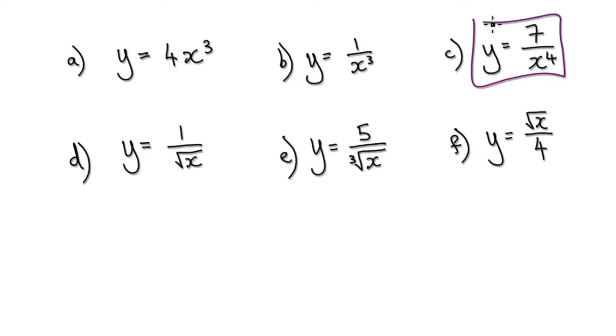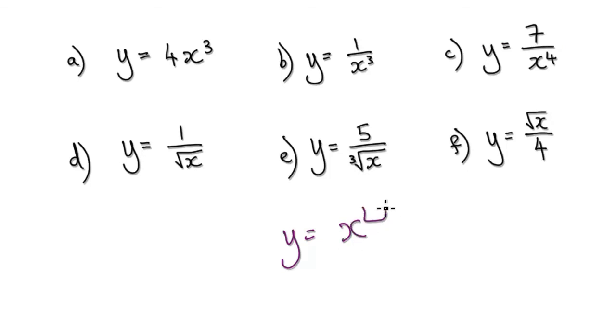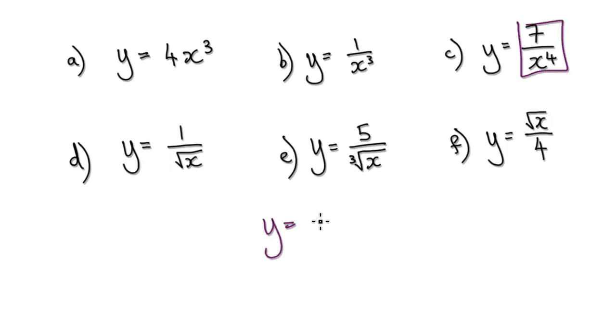Okay, and then for C here, try and rewrite it, try and get it into this form, y equals x to the power of something, but then you've got this 7 here. So the trick here is to do this. Imagine this block as being a block of 7 times 1 over x to the power of 4.